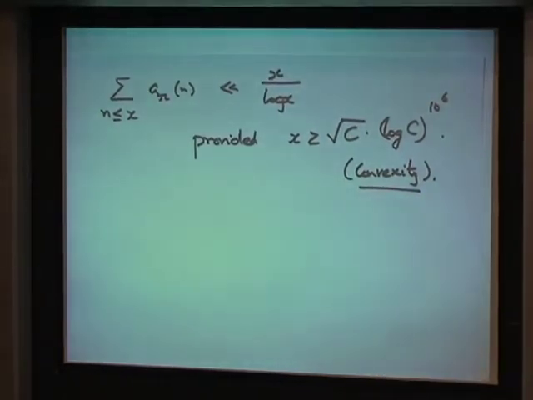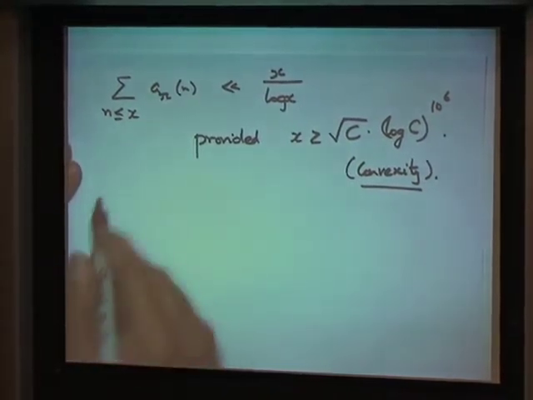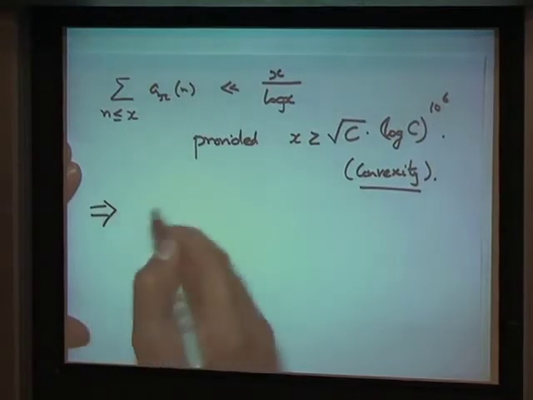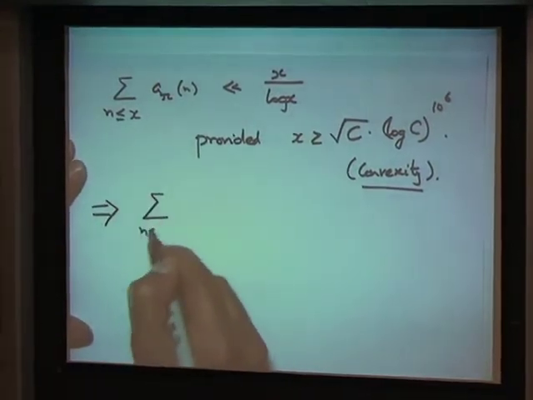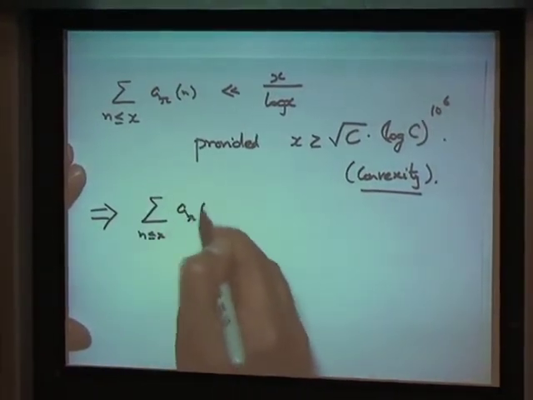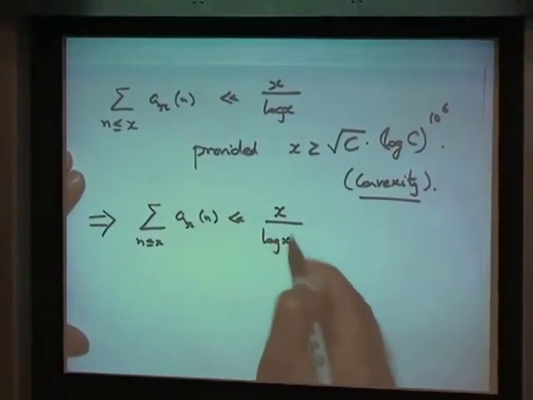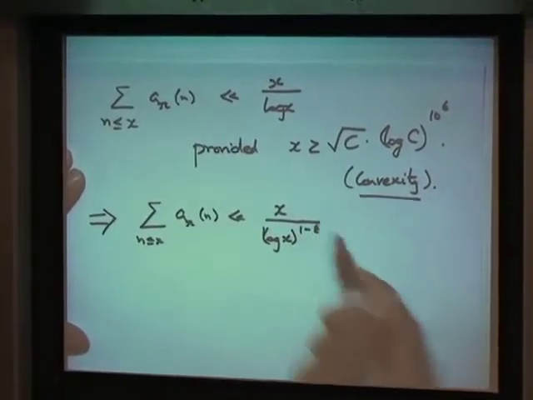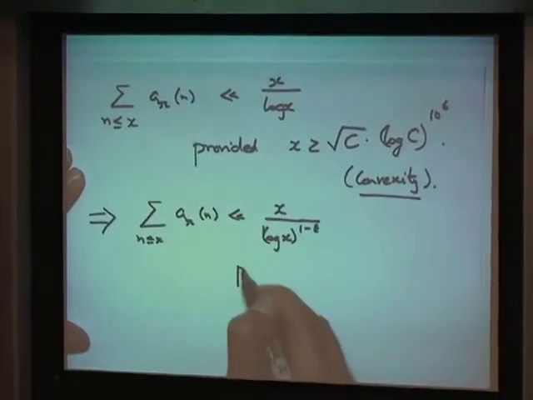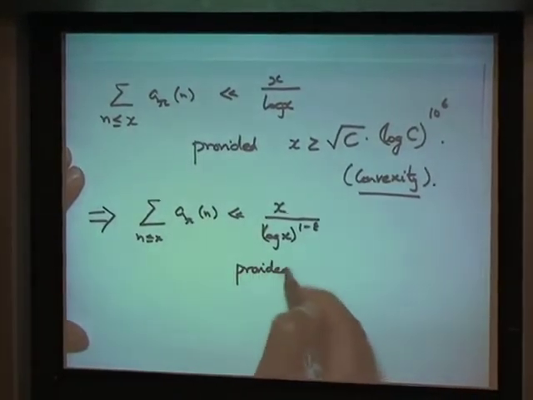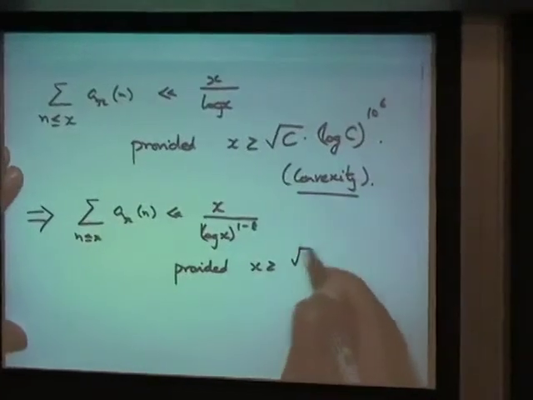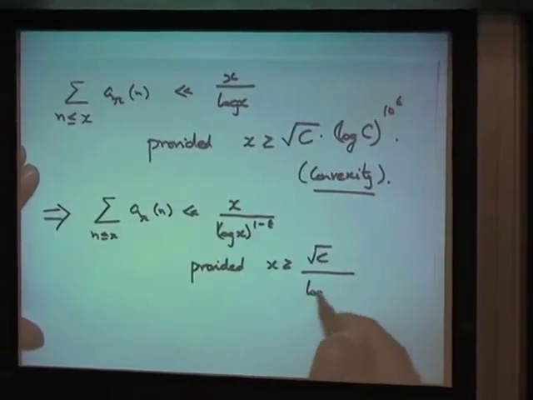Now, I'll try to explain why, if you have a bound like this, then this actually implies that the sum over n up to x of a_π(n) is again bounded by x over log x to the, well, maybe you lose an epsilon, 1 minus epsilon, provided x is bigger than the square root of c divided by log c to the million.